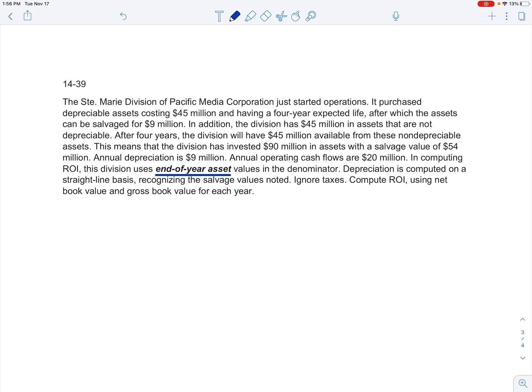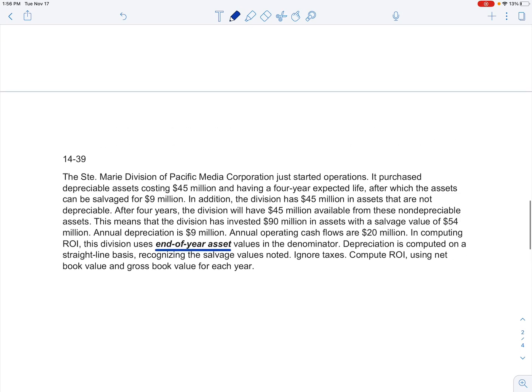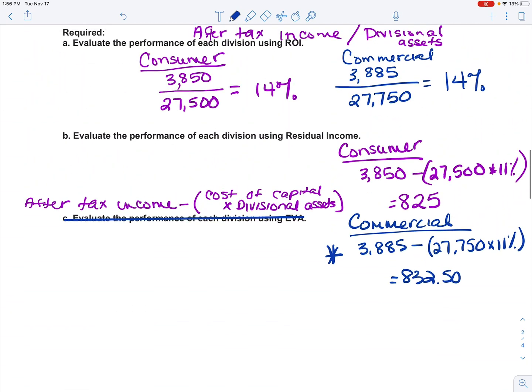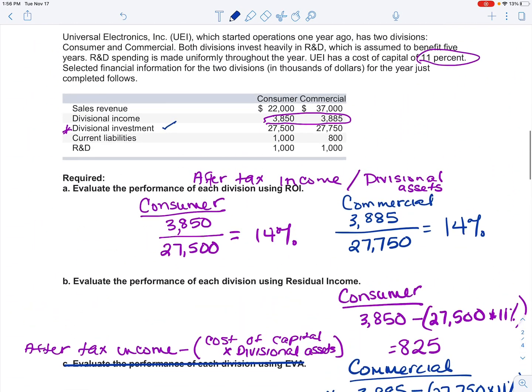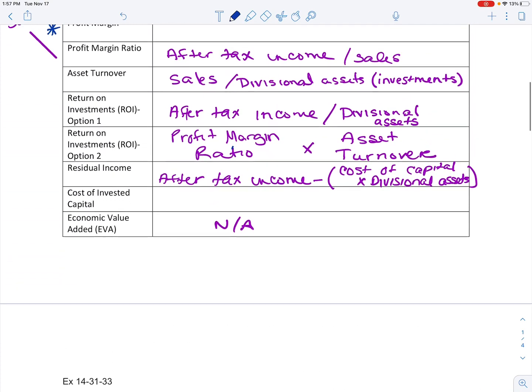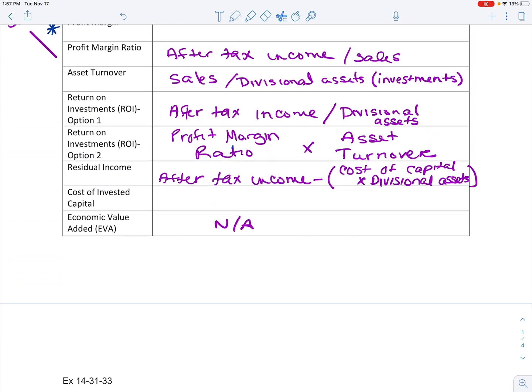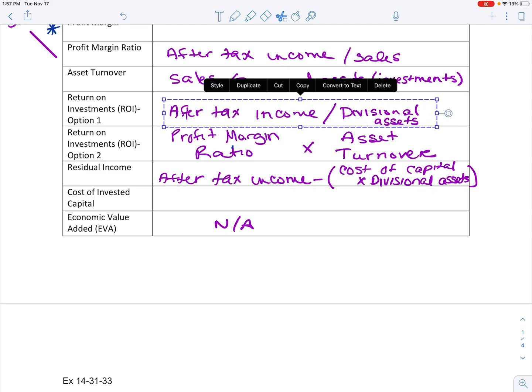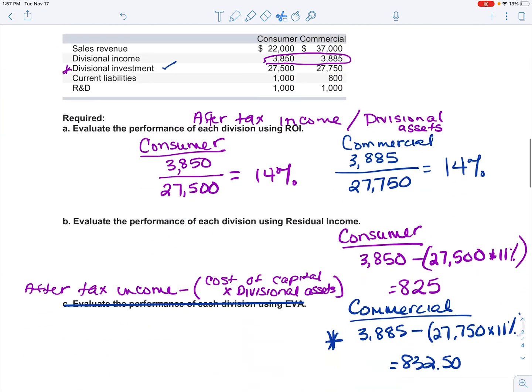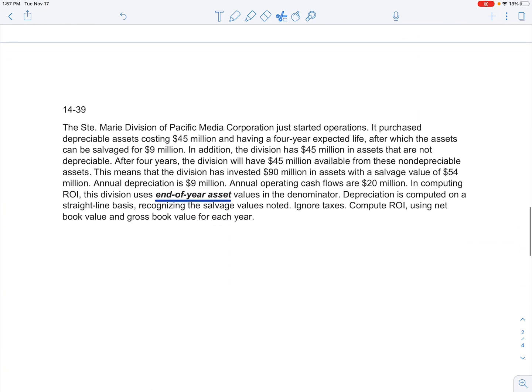So let's take a look at this. Again, we're looking at return on investment. So we want to know what is, let me pull that down again. Go find that return on investment equation, so I don't have to keep scrolling back and forth.